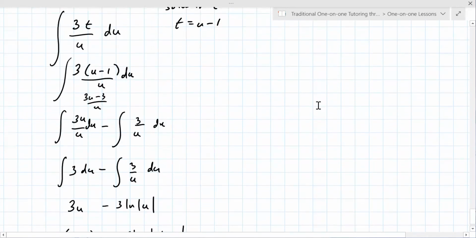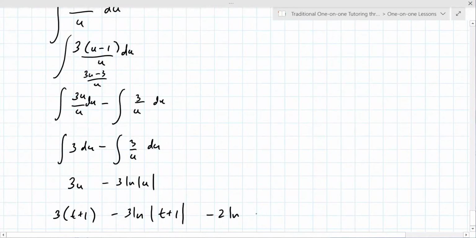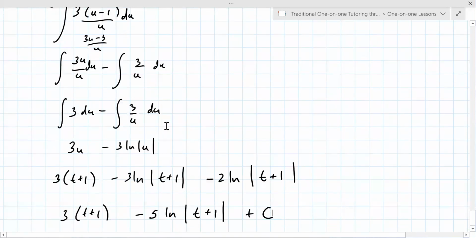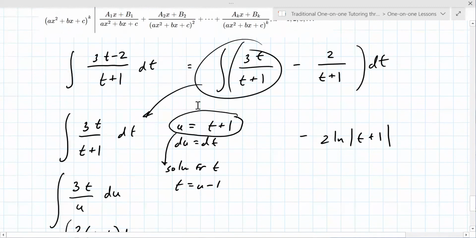So you bring that down, minus 2 natural log absolute value of t plus 1, and you can actually combine these: 3 times t plus 1 minus 5 natural log absolute value t plus 1 plus c. Okay. But what's really critical is this thing that I did. It's a really common thing to think that you can't do it and then get stuck. And you got to remember that you can sometimes solve for this variable again.